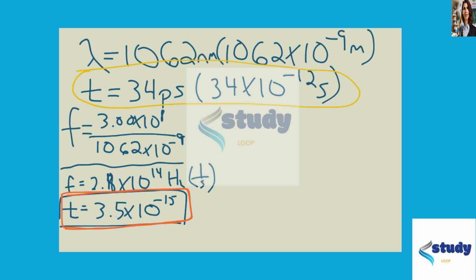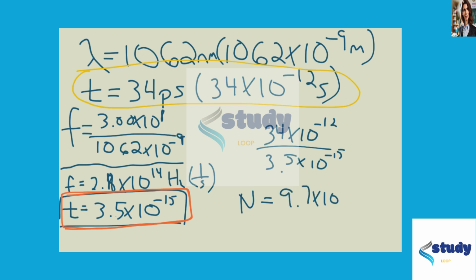So we will do the original number, 34 times 10 to the negative 12 divided by 3.5 times 10 to the negative 15, and the number of wavelengths equals 9.7 times 10 to the third, or 9,700 kilometers.